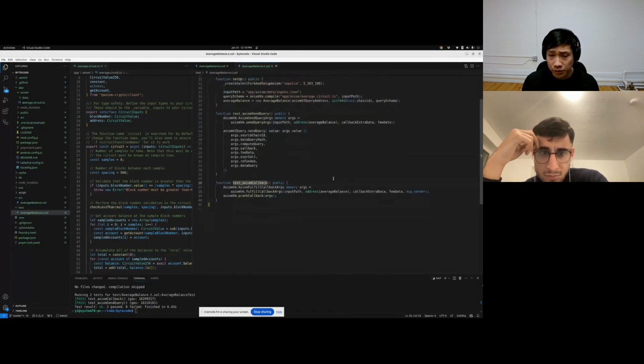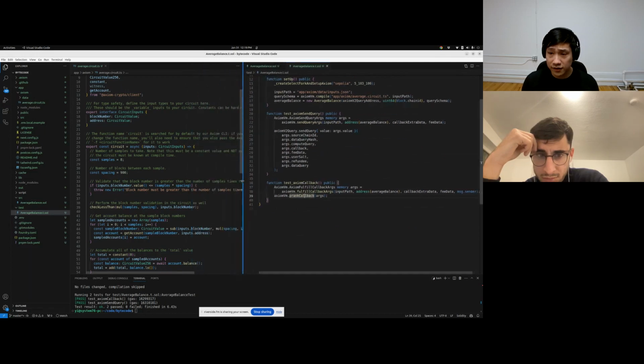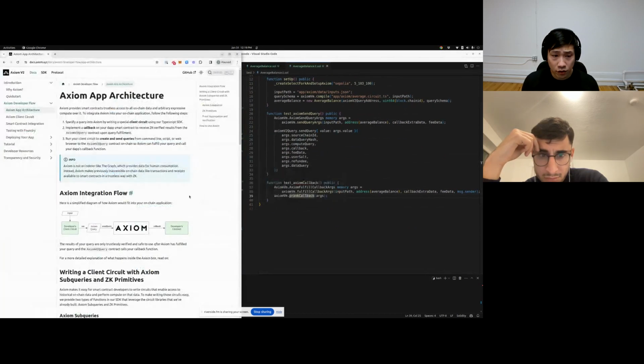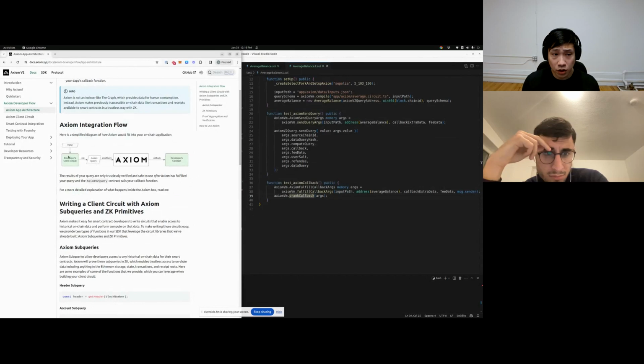And second, we provide a way to prank the callback into Axiom. So to give some context on why that is necessary, in our overall architecture, the developer will run a circuit, send a query on-chain to Axiom to request authentication of all the data inputs to that circuit, and then we will fulfill on-chain with a ZK proof.